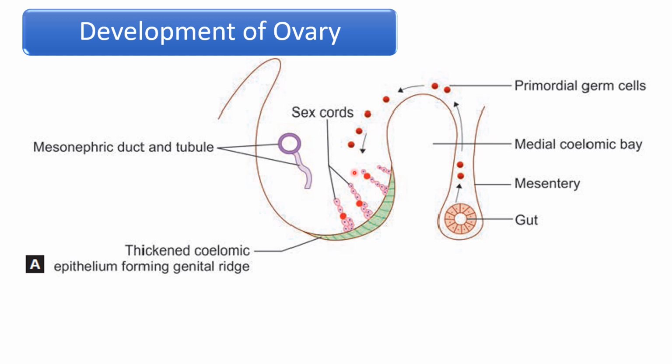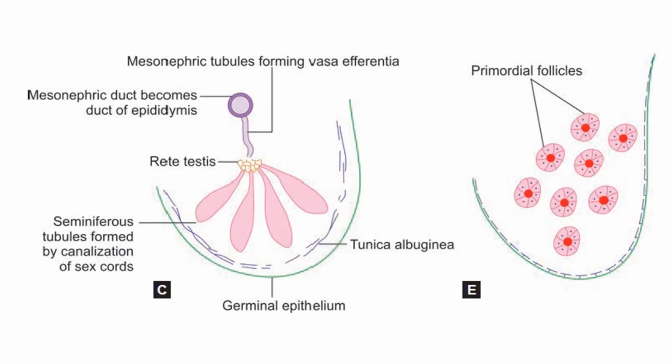Upon reaching this gonad or ovary, the sex cords become broken into small masses, this area, and the cells of each mass surround one primordial germ cell or an oocyte to form a primordial follicle. In this figure, we can compare the seminiferous tubule with that of the primordial follicles. This is the male gonad, this is the female gonad.